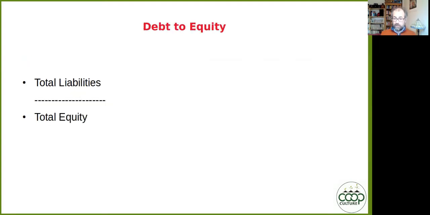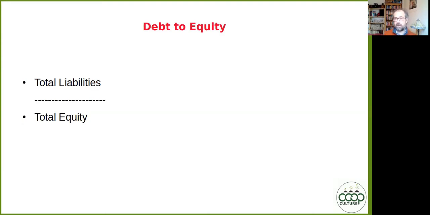The debt to equity ratio, we calculate that by looking at the total liabilities, the things that the co-op or community business owes, and then we divide that by the total equity. And the equity in this instance is made up of two things.